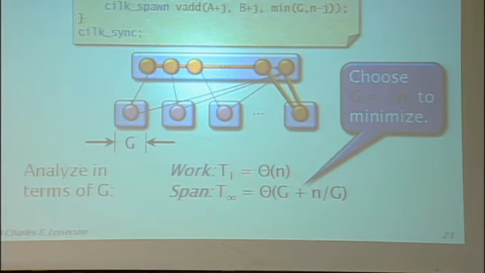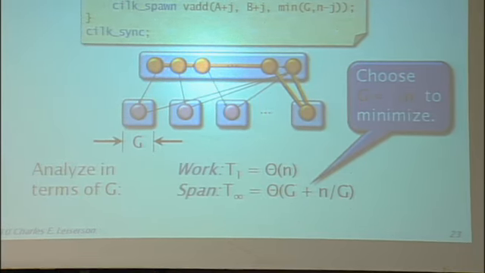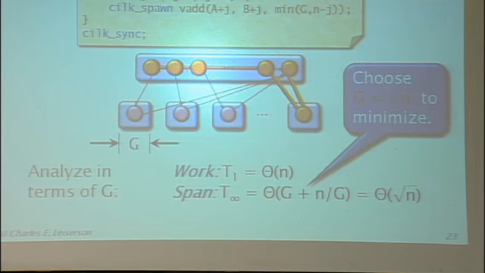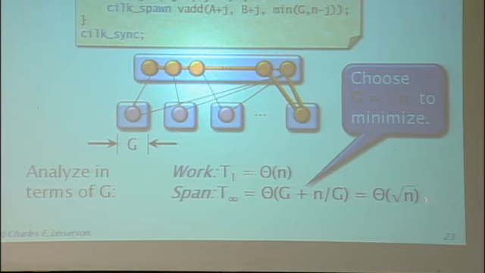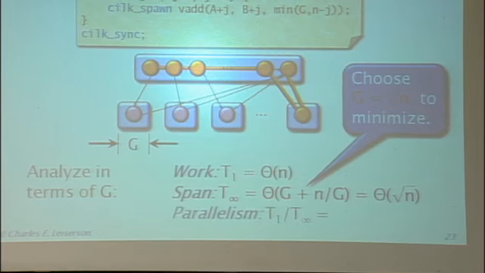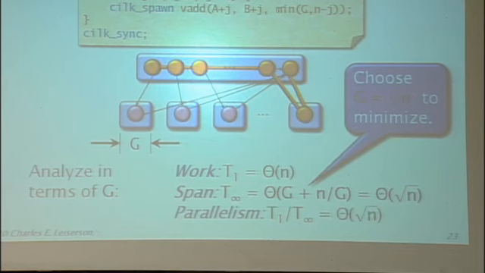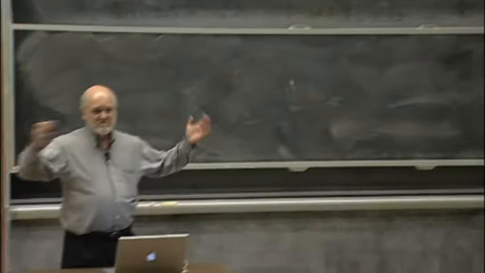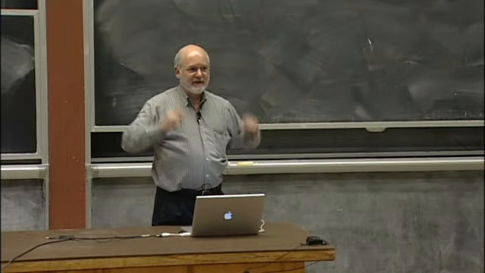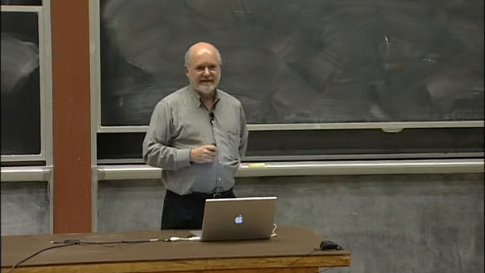Then the span is around square root of N, and so the parallelism is order square root of N. Okay, so that's pretty good. For a big array, an array of size 1,000,000, parallelism might be 1,000. That might be just hunky-dory.